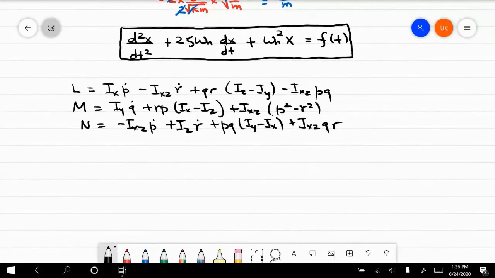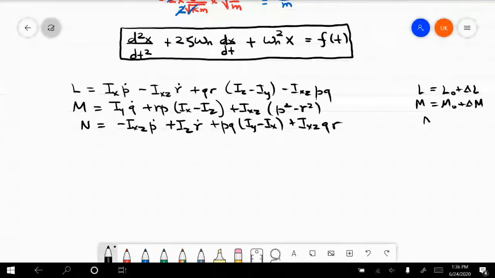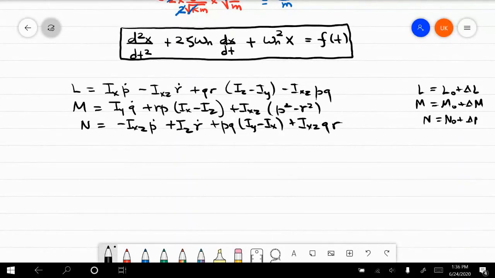So for instance, instead of writing L, we said L equals L naught plus delta L, and M equals M naught plus delta M. And that is the case when there is a small disturbance, right? So the value of L naught changes to L naught plus delta L. So we substituted it in these equations, and then we opened the brackets, we linearized the equation, which basically means we got rid of higher order terms, which are very small, right? So for example, delta L times delta Q, or delta P times delta R, things like that we threw away.